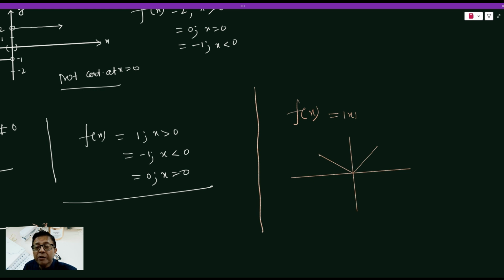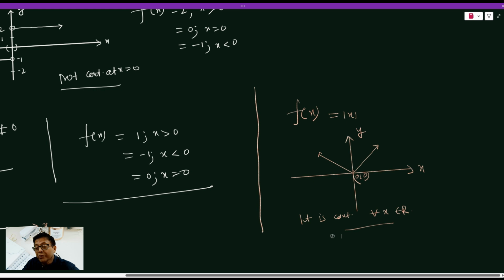See, starting from anywhere on the left side, if we continue plotting the graph, this arrow means it continues towards right, arrow means it continues towards left. So this function graph is continuous everywhere. It is continuous for all x belongs to R. We'll say that. So graph of the function will help a lot.